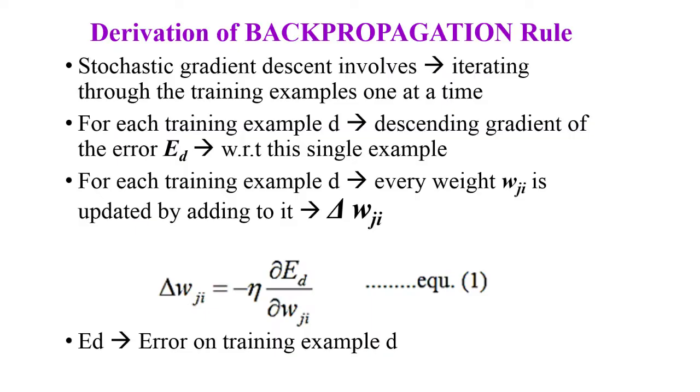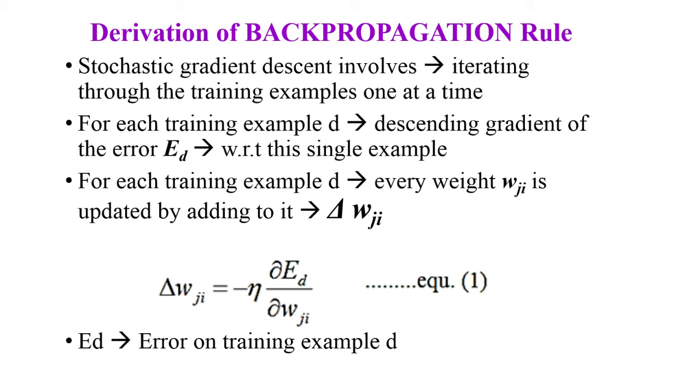Derivation of the backpropagation rule. Deriving the stochastic gradient descent rule. Stochastic gradient descent involves iterating through the training examples one at a time. For each training example d, descending the gradient of the error E_d with respect to this single example.